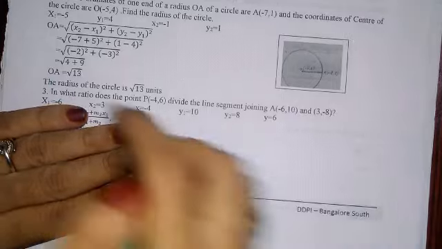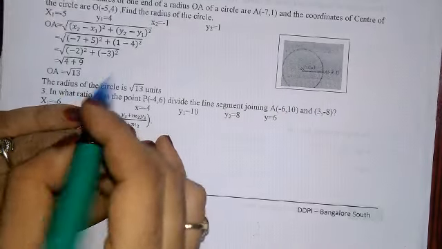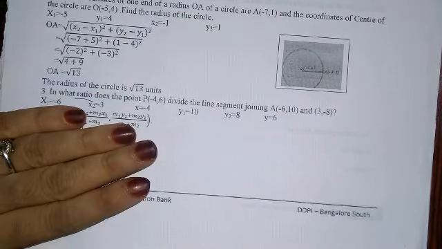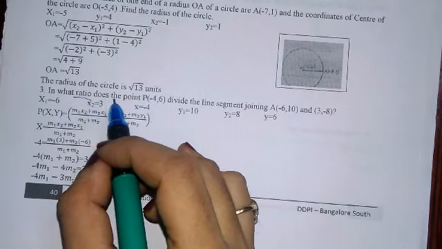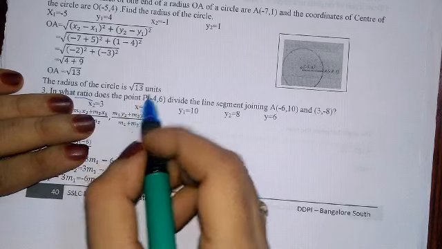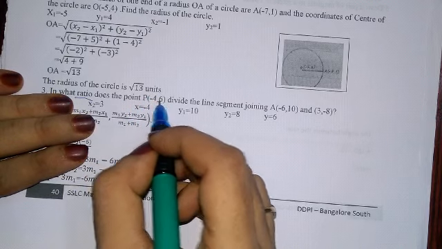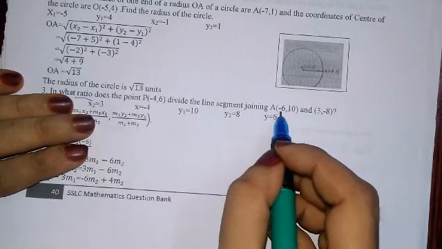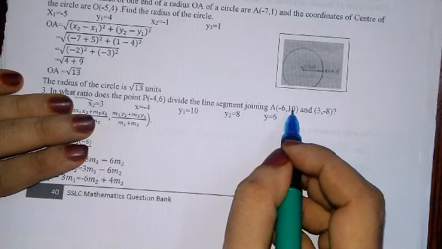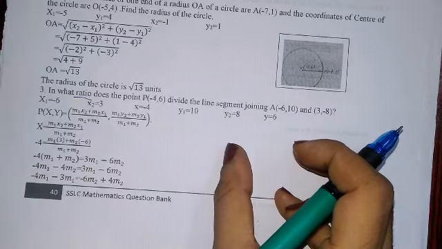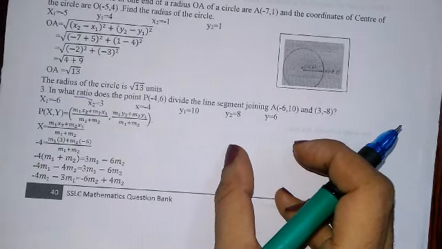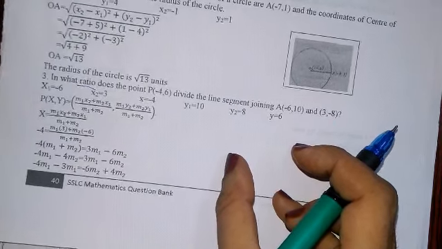Now the next question: in what ratio does the point P(-4, 6) divide the line joining points A(-6, 10) and B(3, -8)? In what ratio they have asked, so we have to find the ratio here.